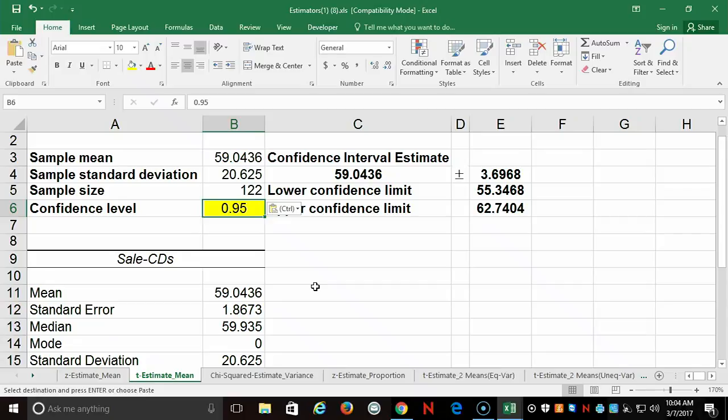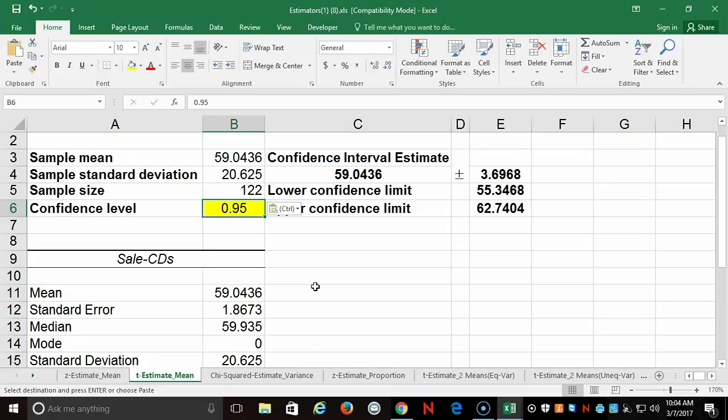I know now that the average amount of money spent by people that come into my store for this deal is somewhere between $55.35 and $62.74.